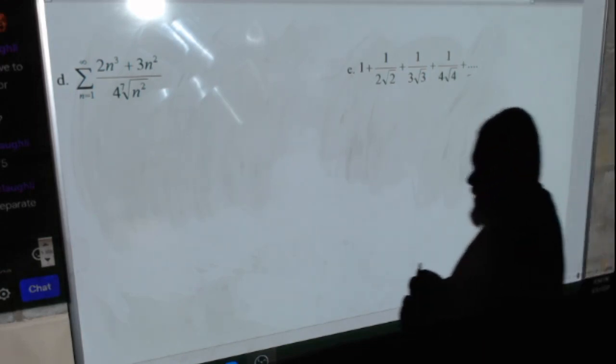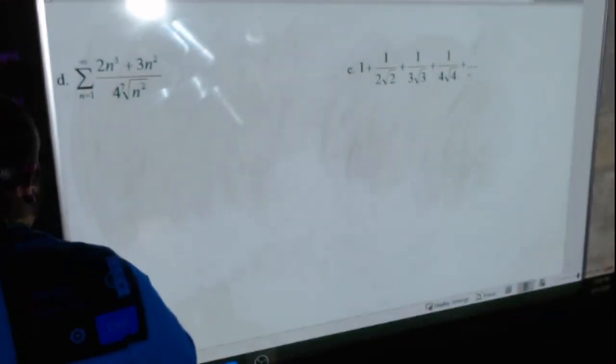I need to separate the two sums, or at least break it into two fractions, yeah?